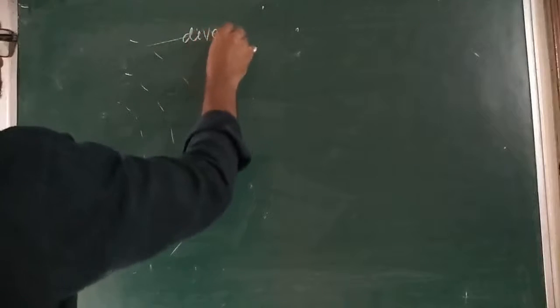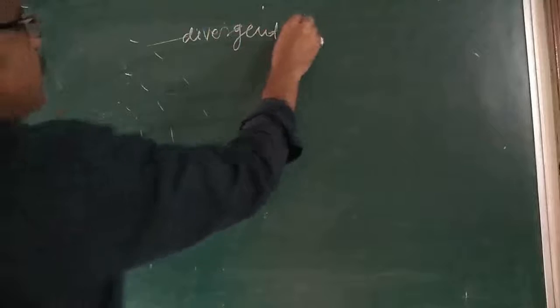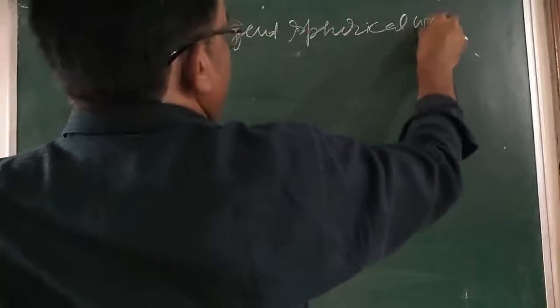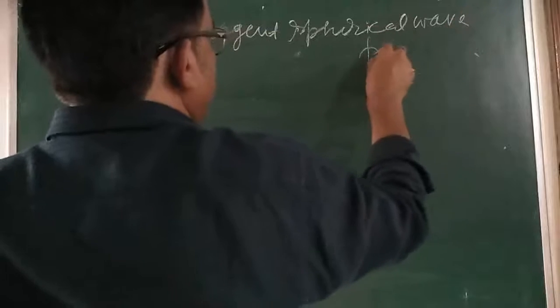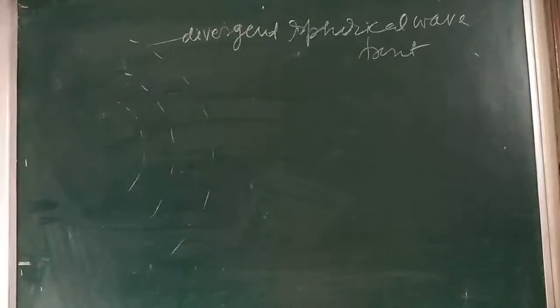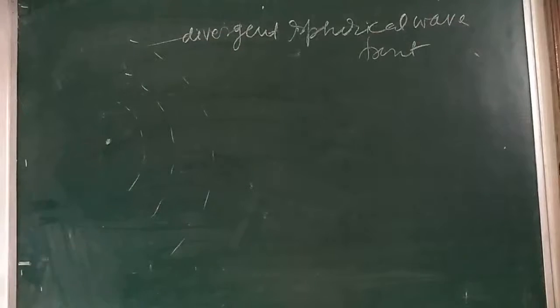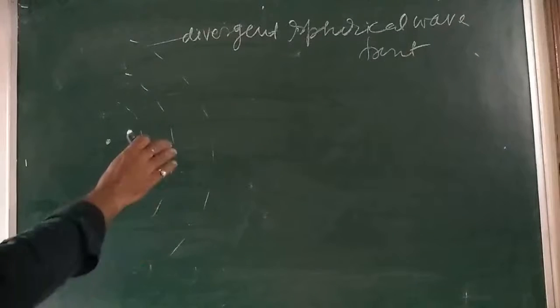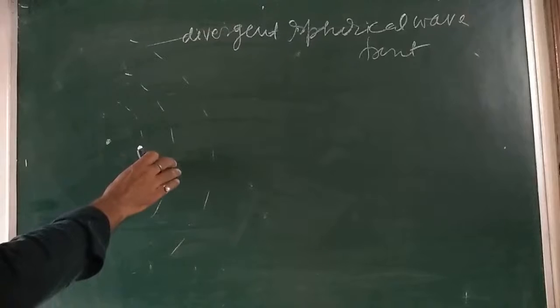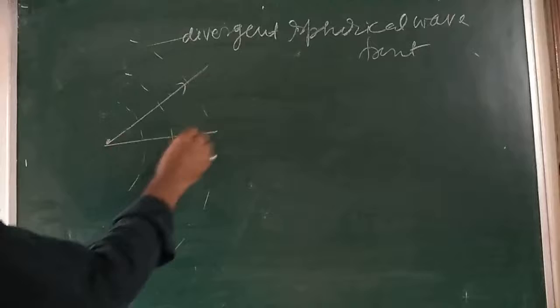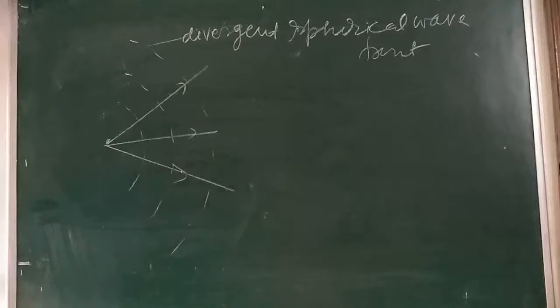Suppose it is a source of light, and if we draw straight lines in this manner, light is coming out.